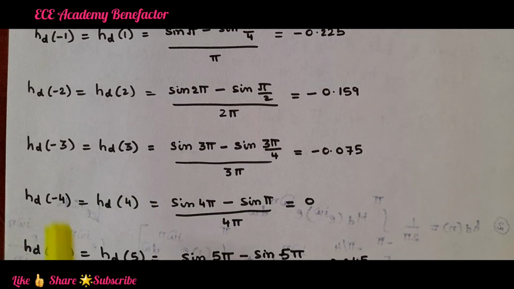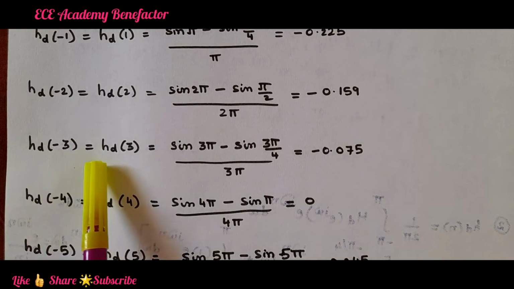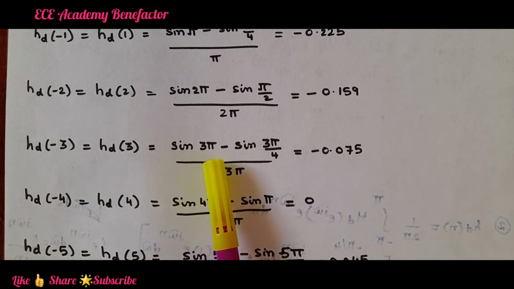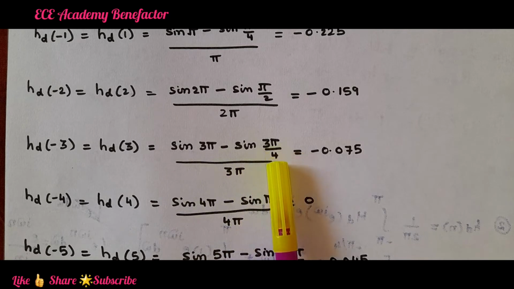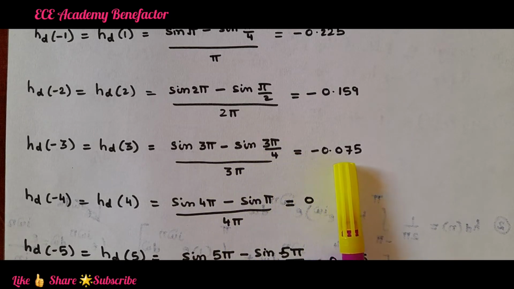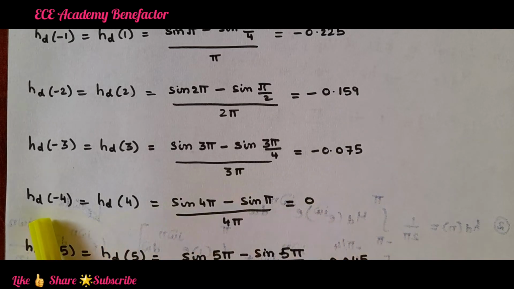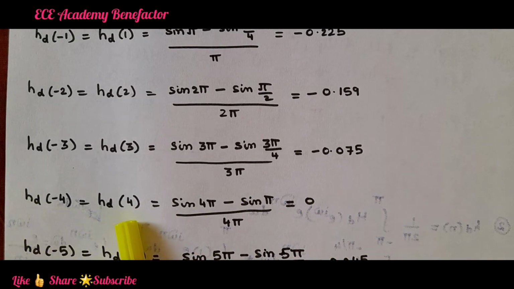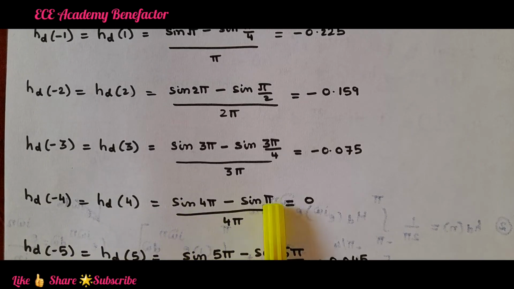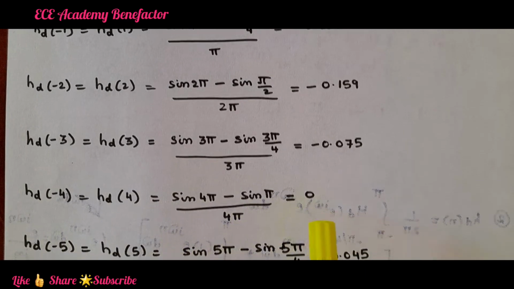Next, find hd of minus 3 is equal to hd of 3. Substitute n equal to 3: sin 3 pi minus sin 3 pi by 4 by 3 pi, which is coming to be minus 0.075. hd of minus 4 is equal to hd of 4. Substitute n equal to 4: sin 4 pi minus sin pi by 4 pi is equal to 0.